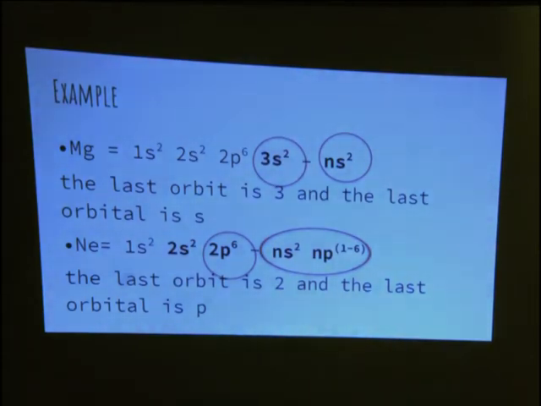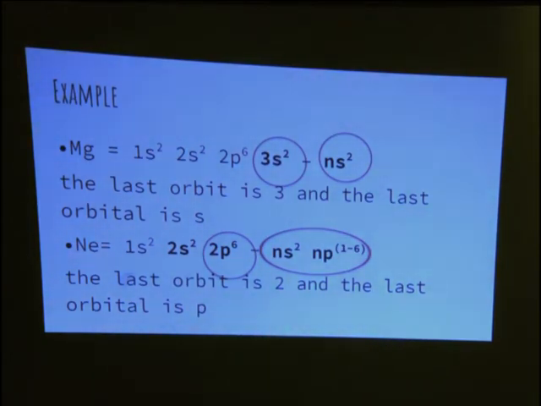Okay, so in order to understand it more clearly, I will be showing you a few examples here. Example, magnesium. Here you can see that the valence shell configuration is 3s², which corresponds to ns², the general configuration for an s block element.